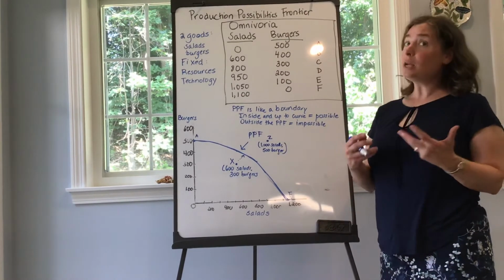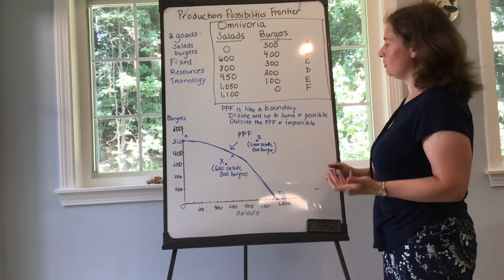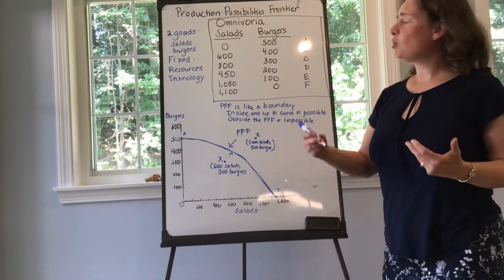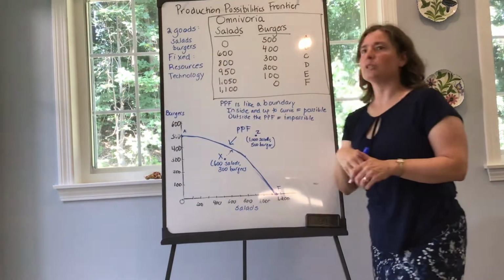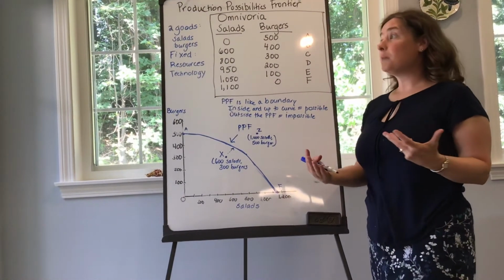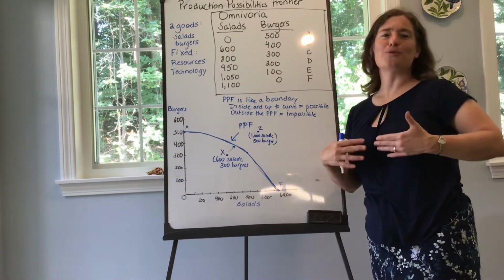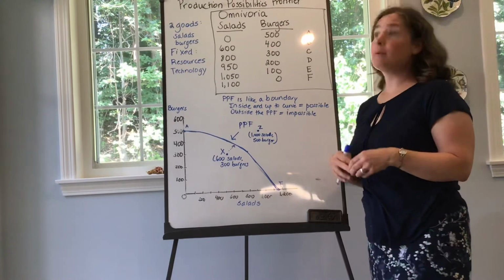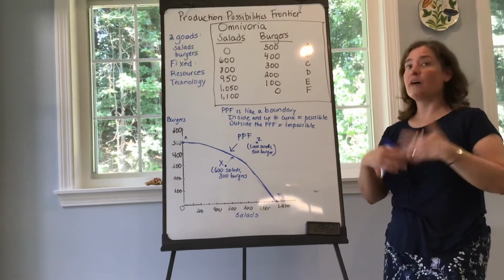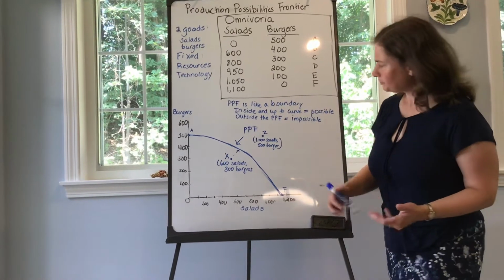Now, that doesn't mean it's hopeless for Omnivoria, that point Z will never be achievable, but that requires that Omnivoria either increase its level of resources, maybe it has a population explosion and it finds more workers when those children grow up and enter the workforce. Maybe they have a technological innovation that allows them to be more productive.